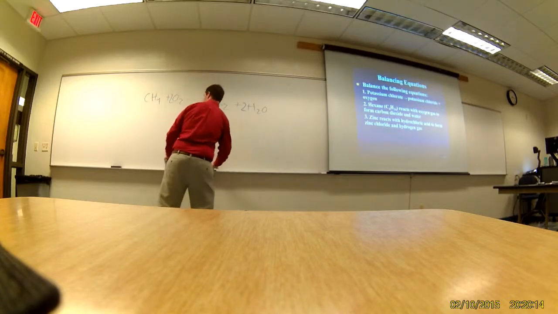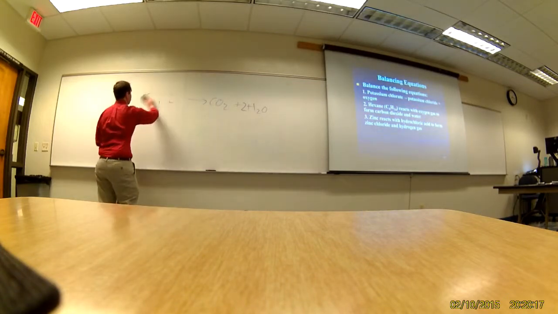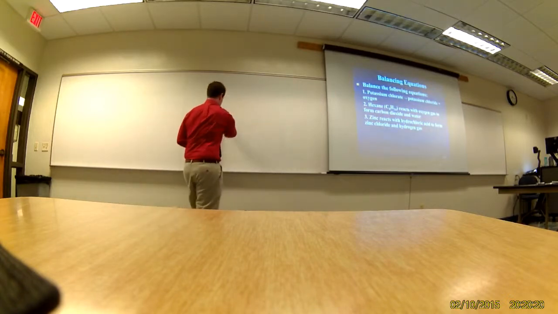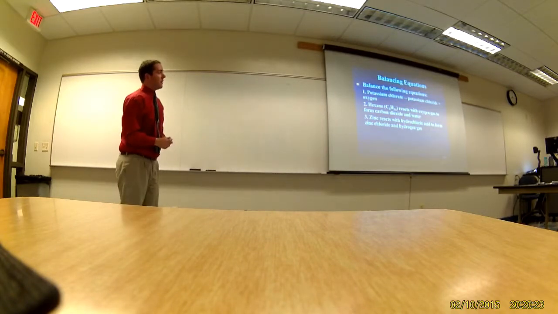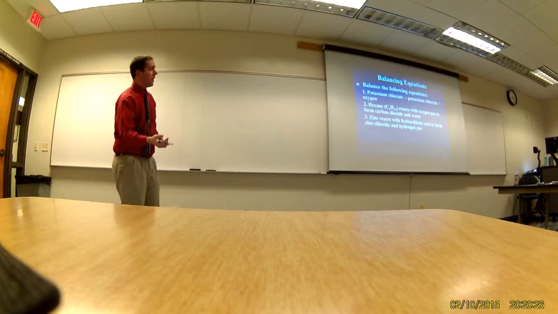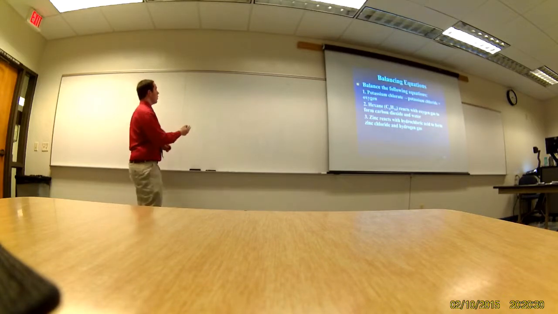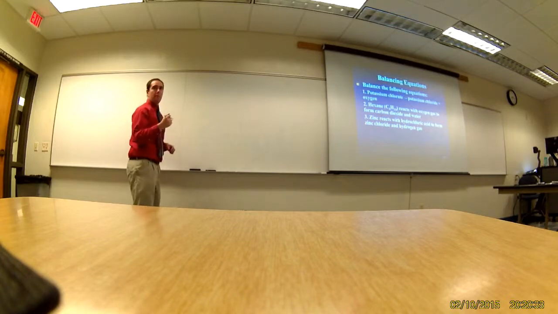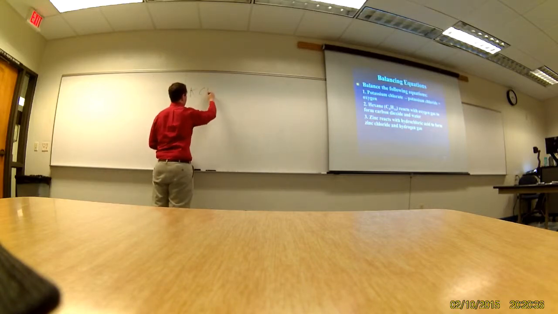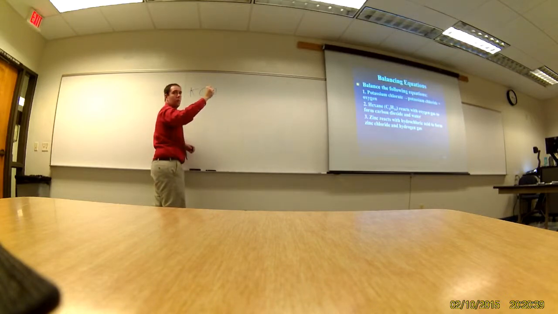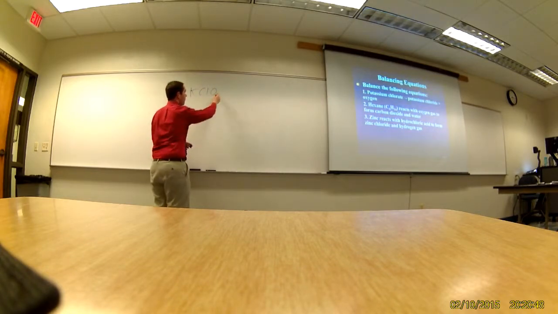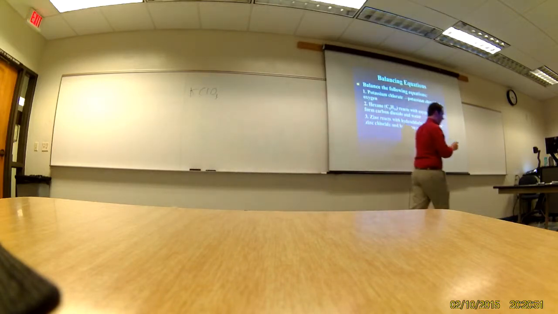Here is some more to balance, and they're given to us in words. So potassium chlorate yields potassium chloride and oxygen. What is the formula for potassium chlorate? I think it's ClO3, but let's check.